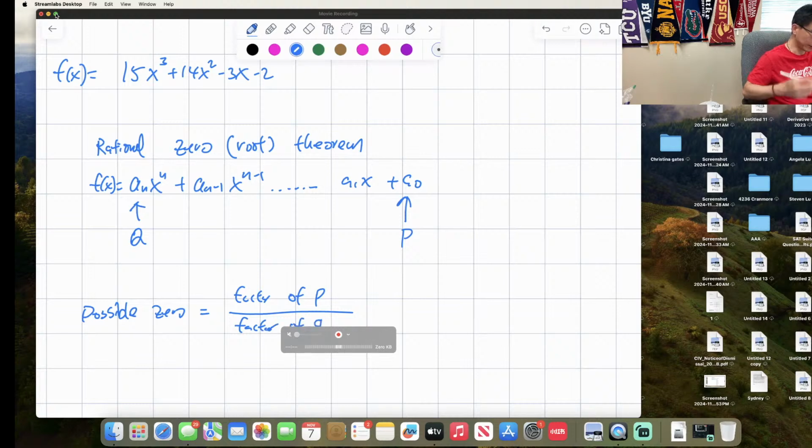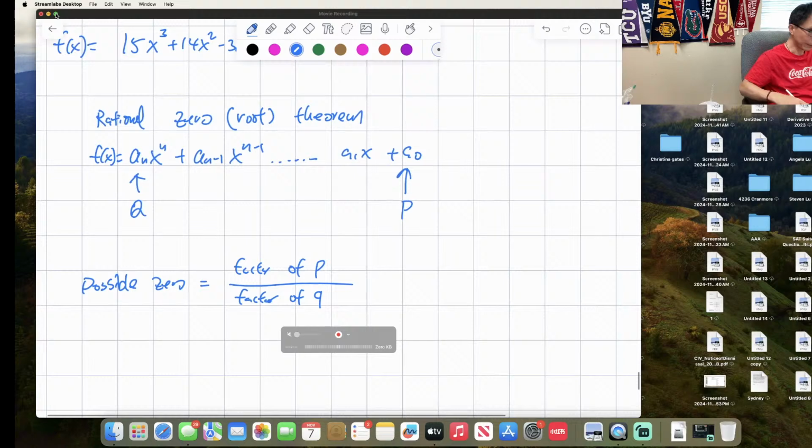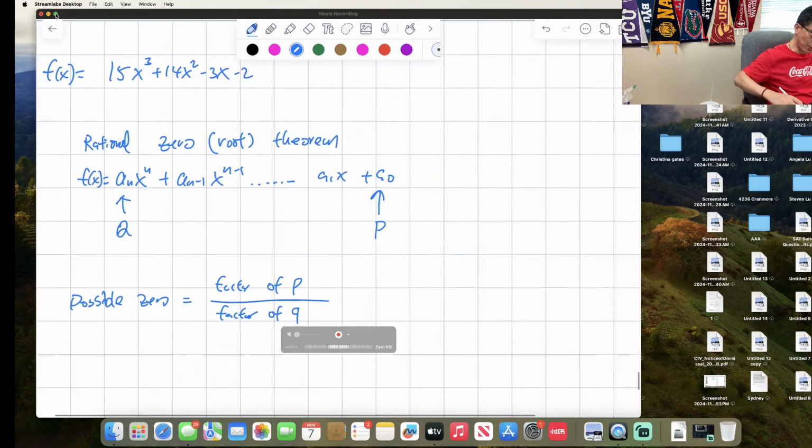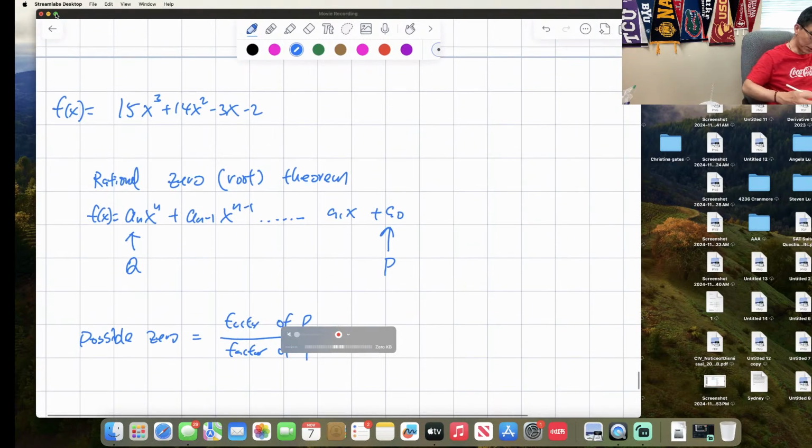Now you're going to be like, what is going on? It's kind of crazy, but it's not as bad as you think. Which one is p and which one is q? This is p, and this is q.